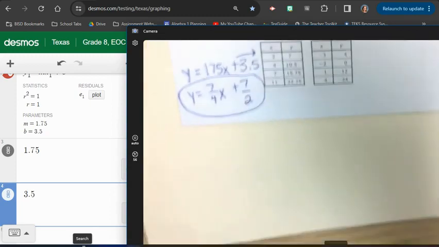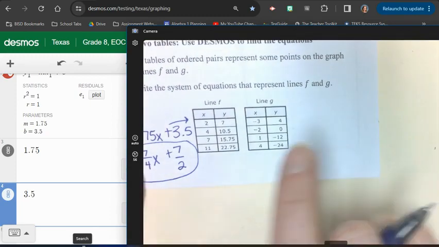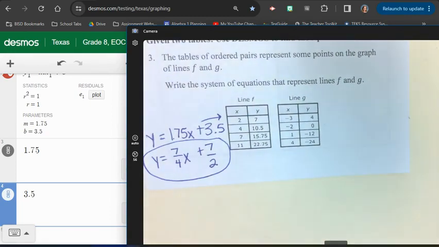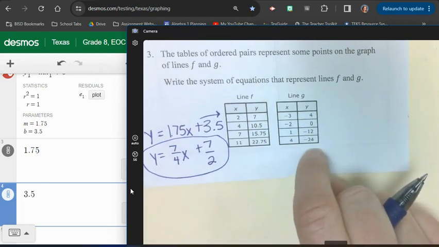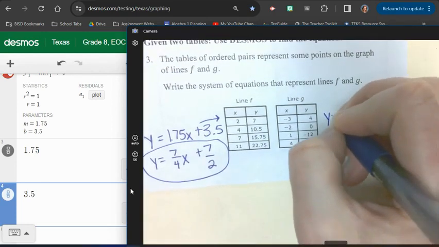So do line G. So I'm just going to clear out my lines and put this table in next and find our equation. Y equals.